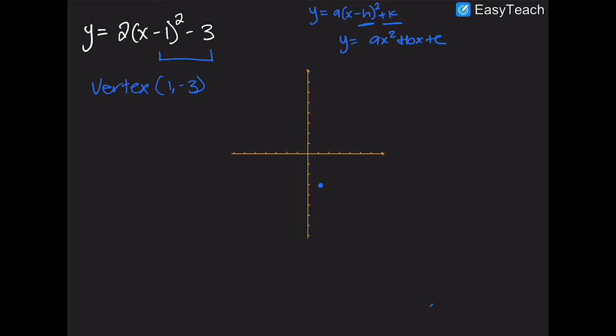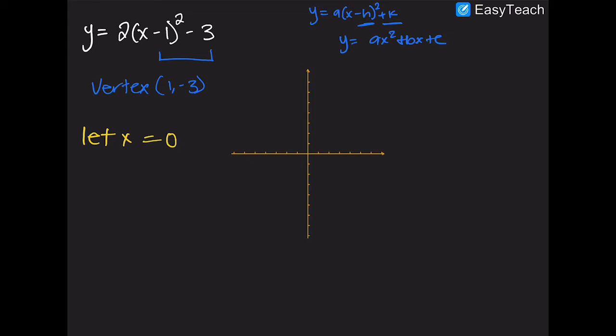So the next step is to choose a value of x on one side of the vertex, plug it into the function, and solve for y. Wow, that seems like, what in the world does that mean? But it's simply, we're just going to pick any point on one side of the vertex, plug it in, and solve for y. So we are going to let x equal 0.